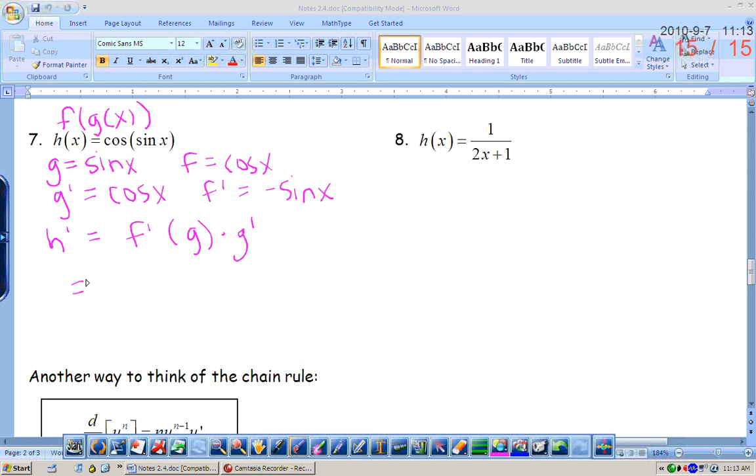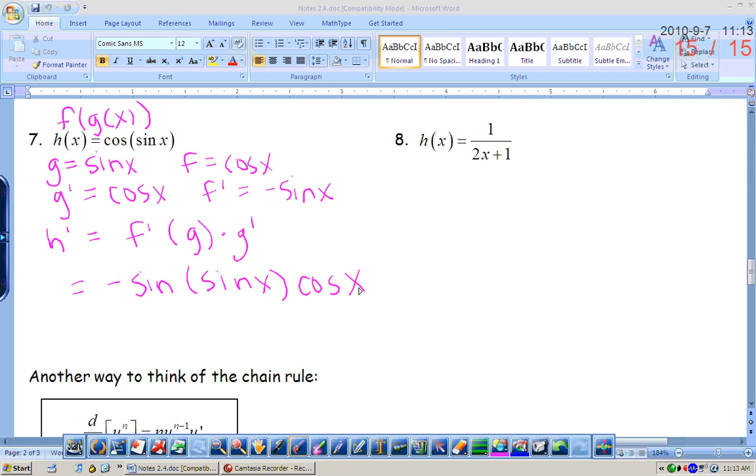Okay, so f prime of g would be what? Negative sine of sine x. Kind of weird, but it works just like all the other ones do. And then times g prime is cosine x.